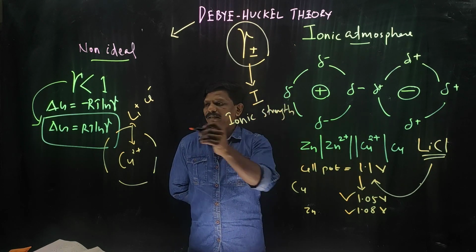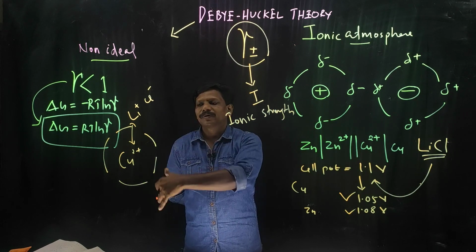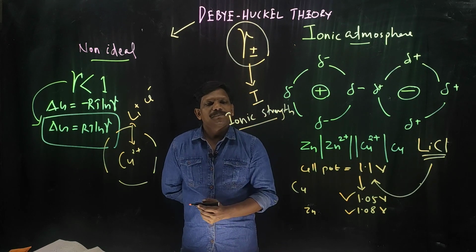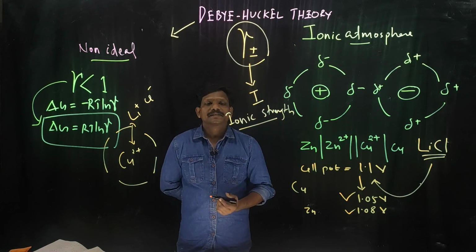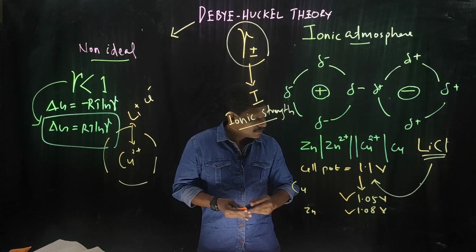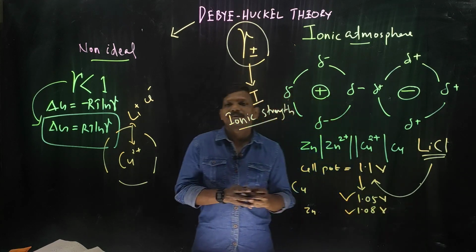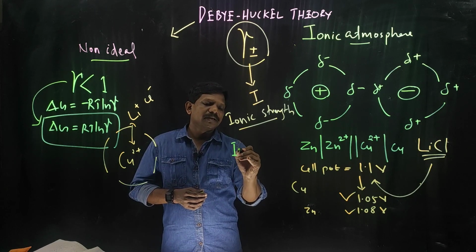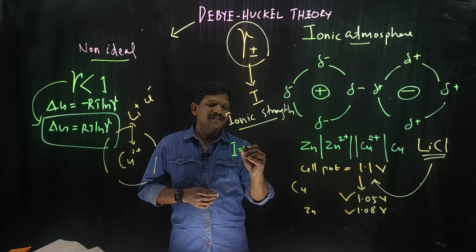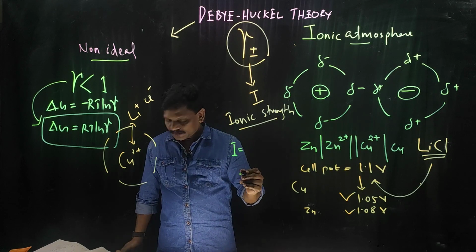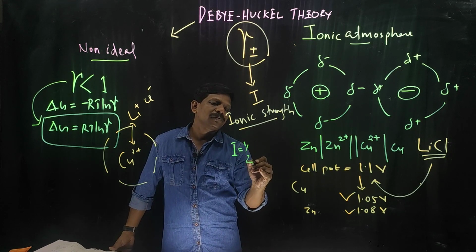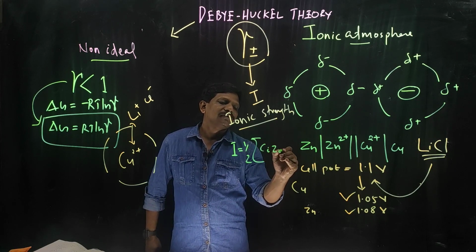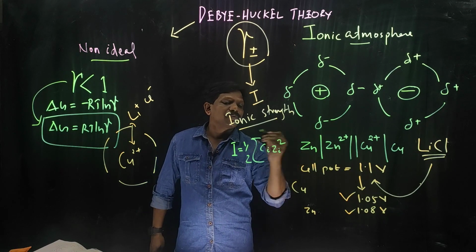I told you that when the number of ions in the system increases, we need another term called ionic strength. I already told you about ionic strength in the last class. You can check my class on activity and activity coefficients. This ionic strength is equal to half into the sum of Ci Zi square.